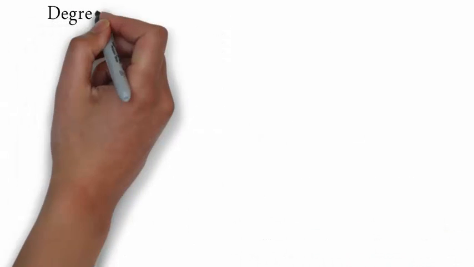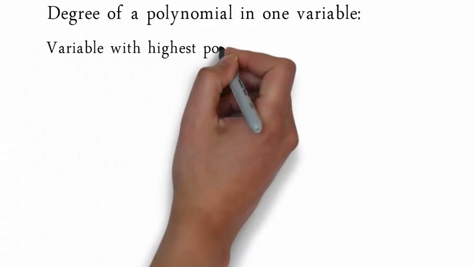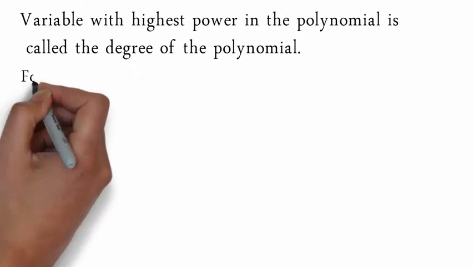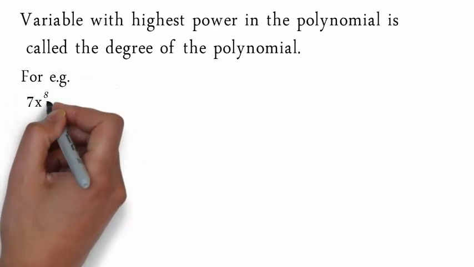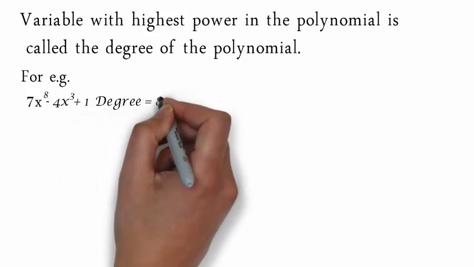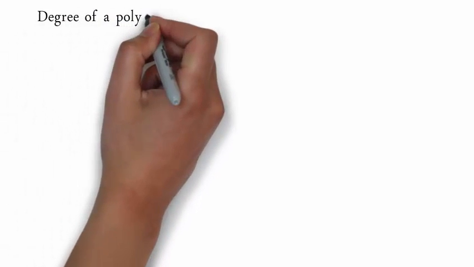Degree of a polynomial in one variable. The variable with the highest power in the polynomial is called the degree of the polynomial. For example, 7x⁸ minus 4x³ plus 1. Degree is 8. Degree of a polynomial in more than one variable.